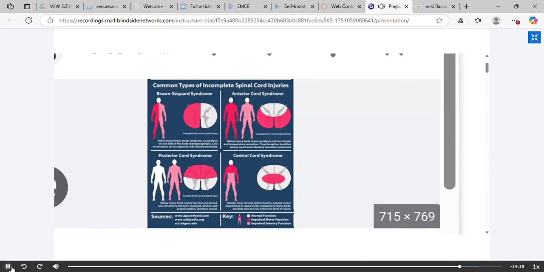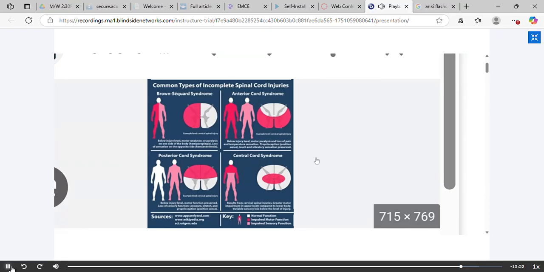There's greater motor impairment of the upper extremities. So I've got paralysis of the arms and the hands, and I can still move my legs, but I have sensory deficits in the lower body and motor deficits in the upper body.